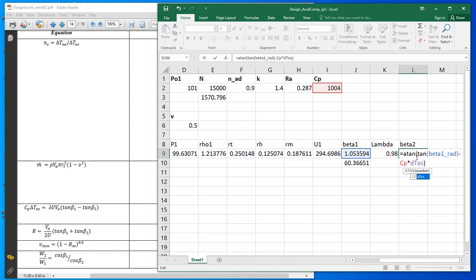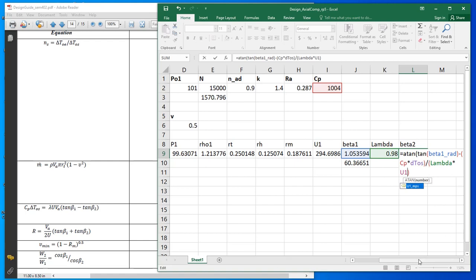divided by, so let's put a bracket over here to be on the safe side, divided by lambda into u1.